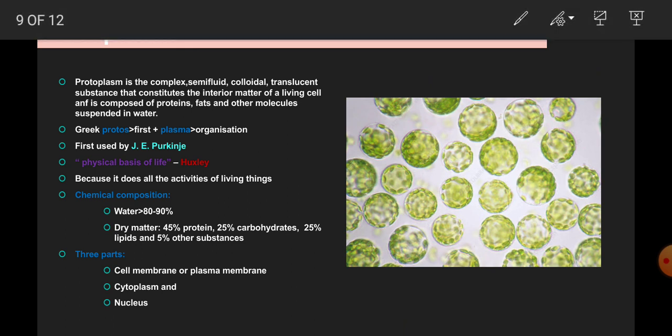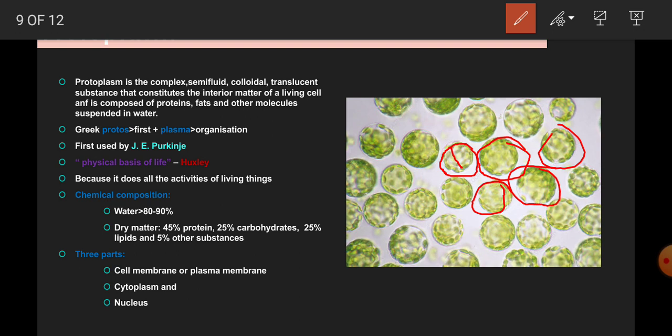Here you can see the protoplasm of some plant cell, where the cell wall has been degraded by enzymatic or chemical treatment, and there is only the cell membrane, and inside the cell membrane the cytoplasm, etc. So this is the protoplast of some cells. Chemically, protoplast is composed of water 80 to 90% and some protein, carbohydrates, lipids, and other substances.